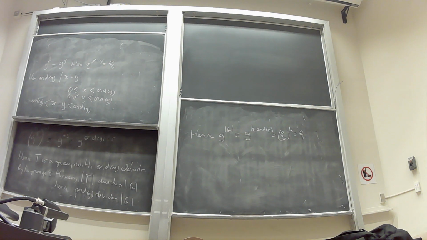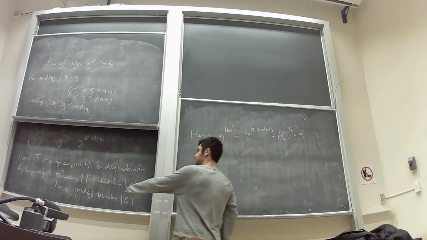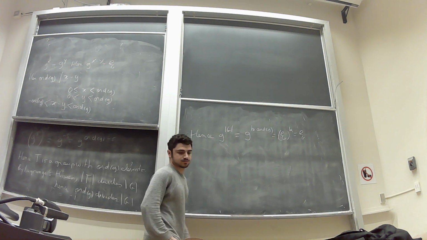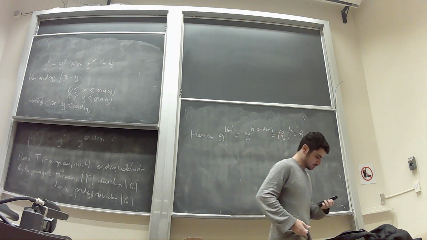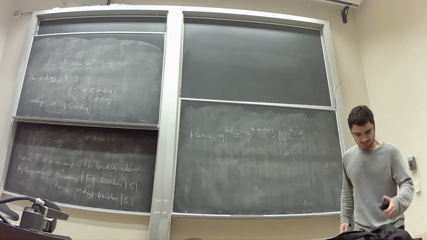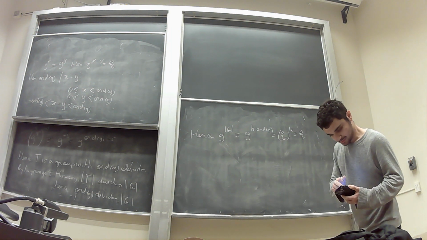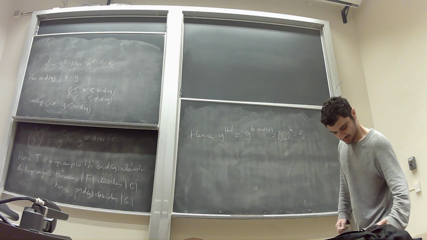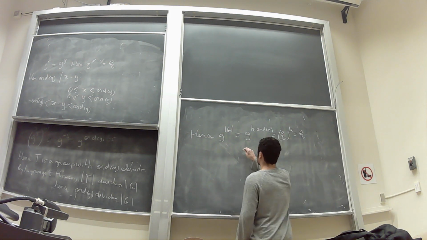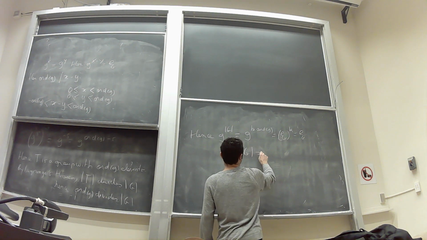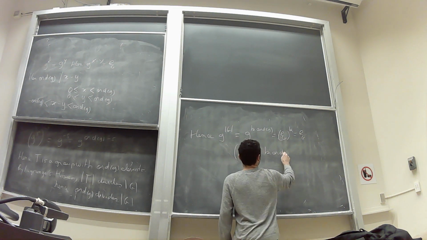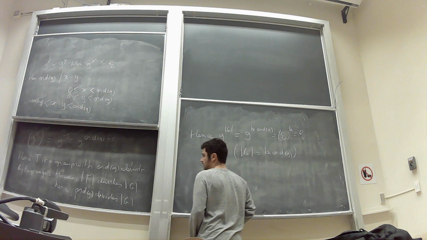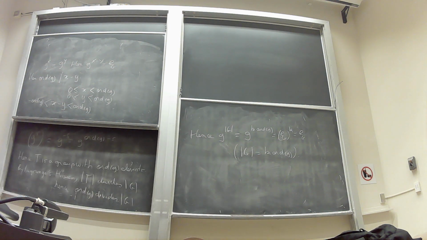Since the order of g divides the number of elements of big G, you can write this. Okay, great. This is the proof of Lagrange's theorem.